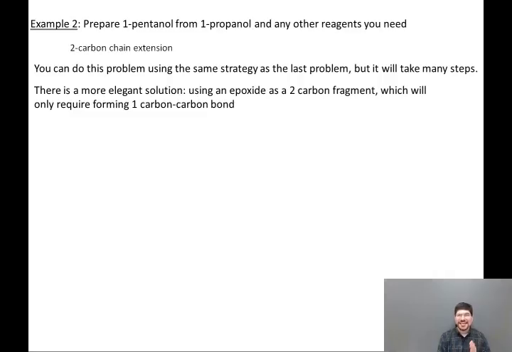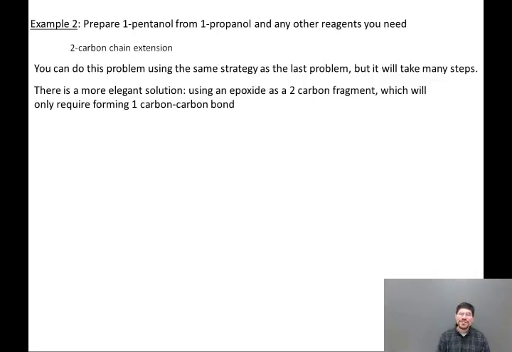Because reactions take time, reactions take effort to purify, and the more reactions you do, the more raw materials you have to put in, and the more chemical waste that you generate. So the need for shorter solutions is not just one of being cute. There is actually a practical need for it.